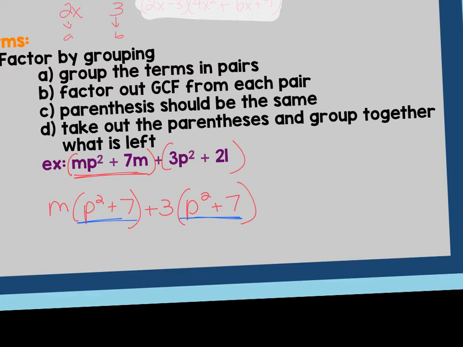So I take that out. What I'm doing is taking this whole term and dividing it by p squared plus 7. This is going to be gone, and this is going to be gone, and what's left gets grouped together. So m plus 3 gets grouped together.